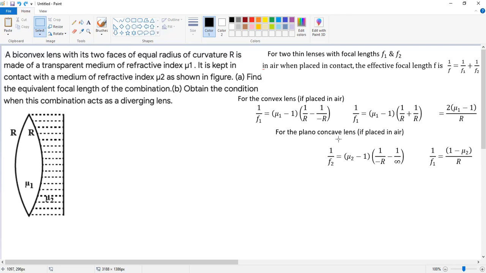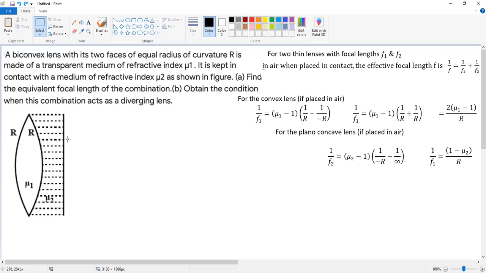If you go for the plano-concave lens, assuming placed in air, 1 by f2, the material is mu2, assuming air, mu2 minus 1, times 1 by minus R. The curvature R1 of the concave is the same as R2 of the convex. R2 is minus R, R1 is minus R for the concave.